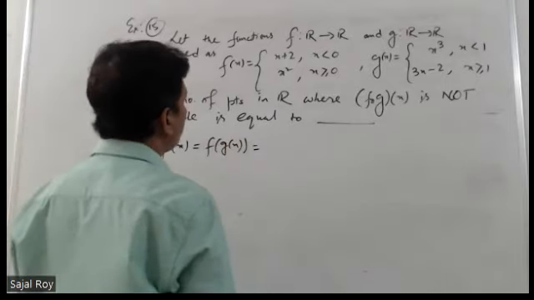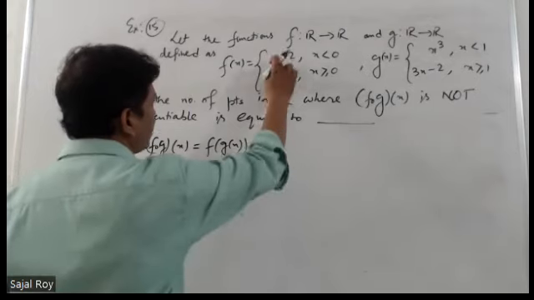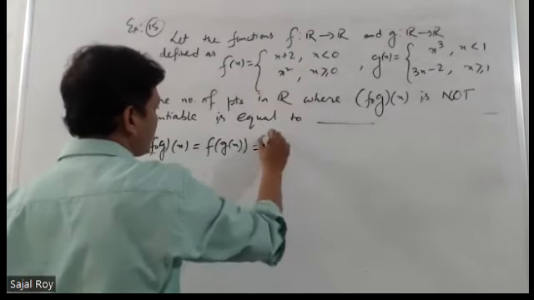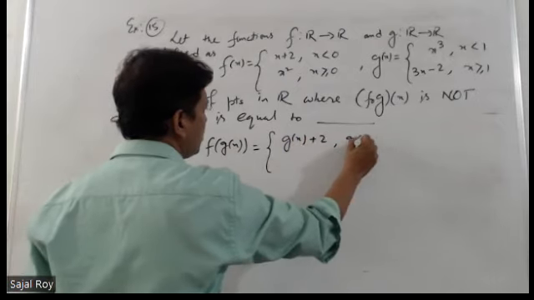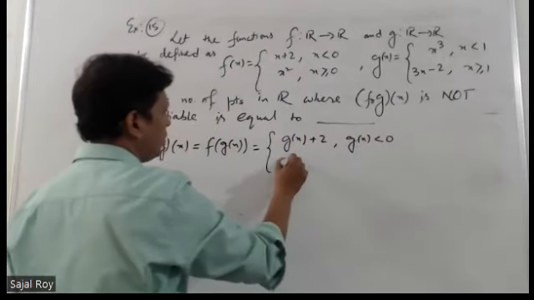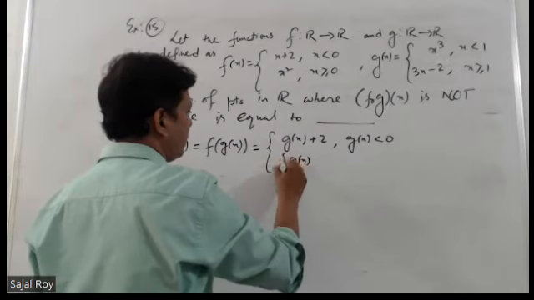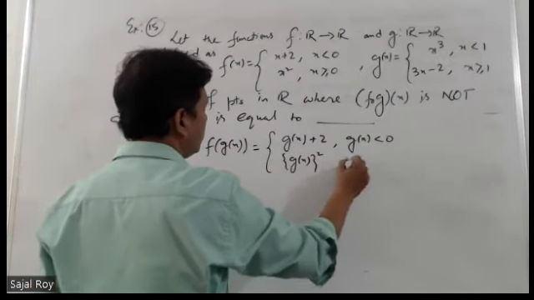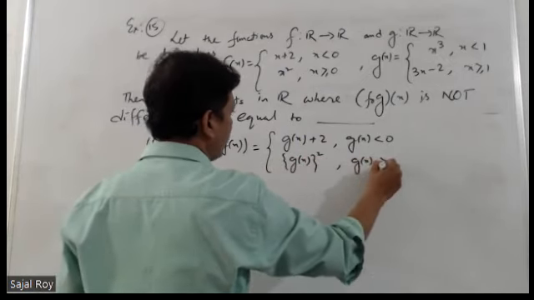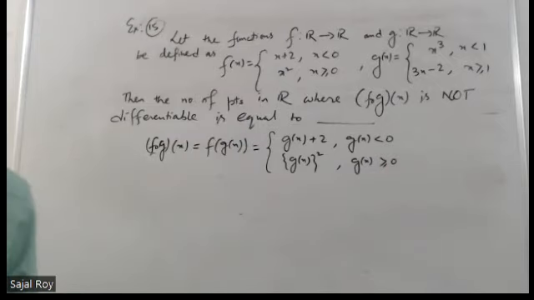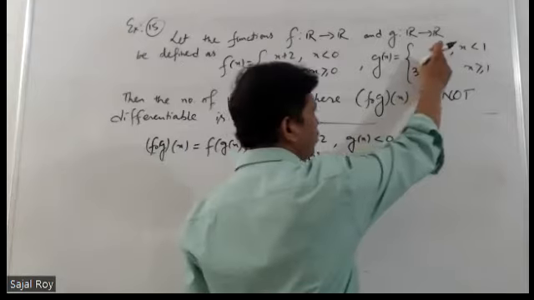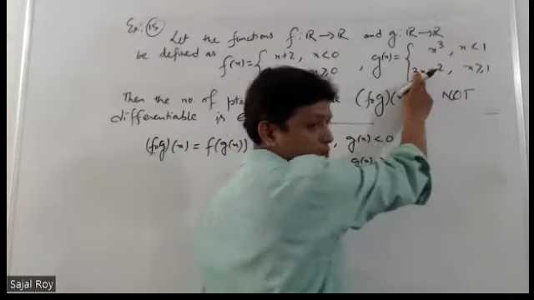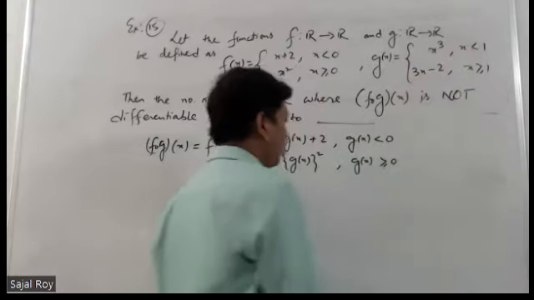f of g(x) will be, what is your f(x)? These x are replaced by g(x). So g(x) plus 2 if g(x) less than 0, g(x) squared if g(x) greater or equal to 0. Now g(x) has two parts: x cube if x less than 1, 3x minus 2 if x greater or equal to 1.